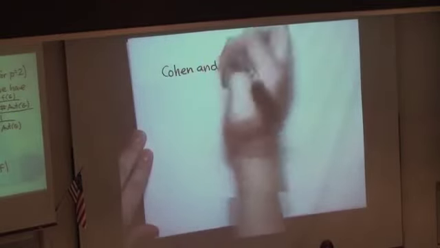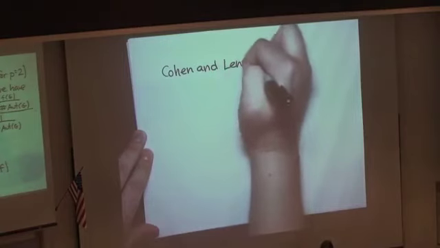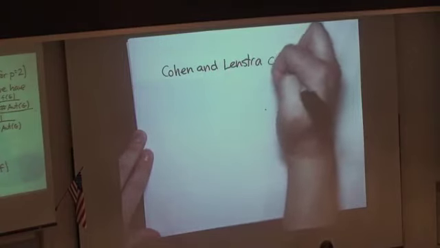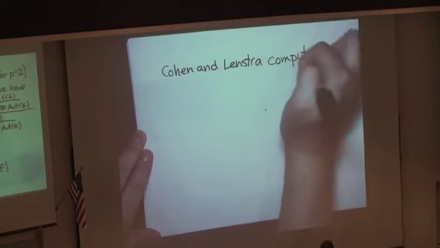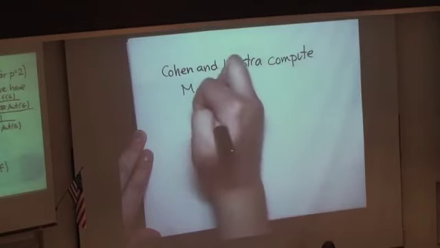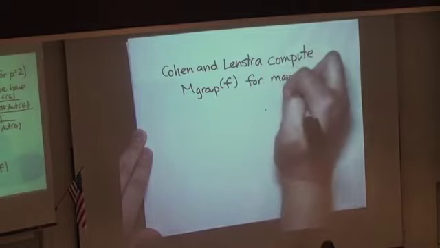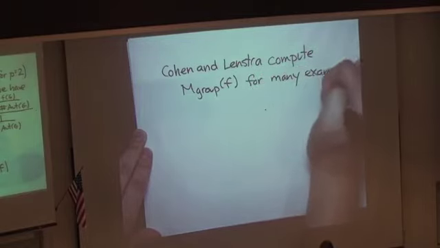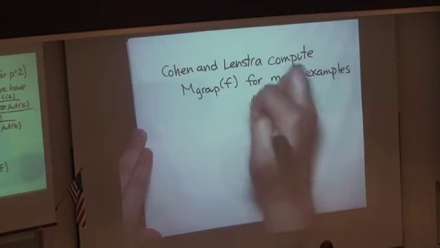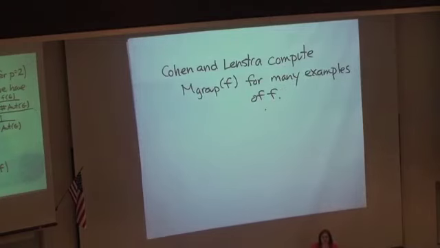And so Cohen and Lenstra compute M group of f for many examples of f's. So that's a problem not in arithmetic statistics, but group theory statistics.